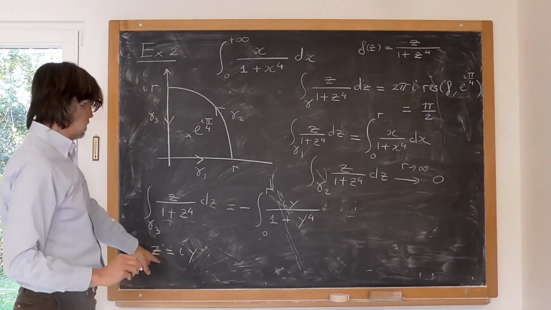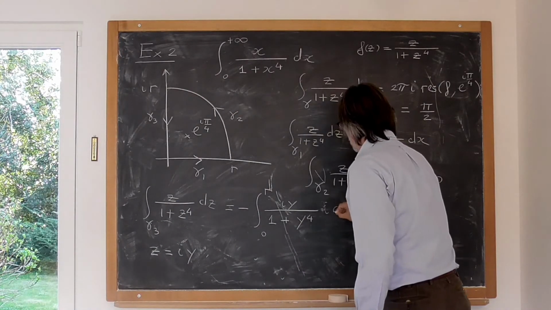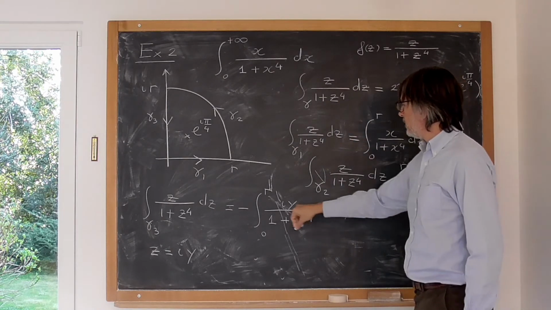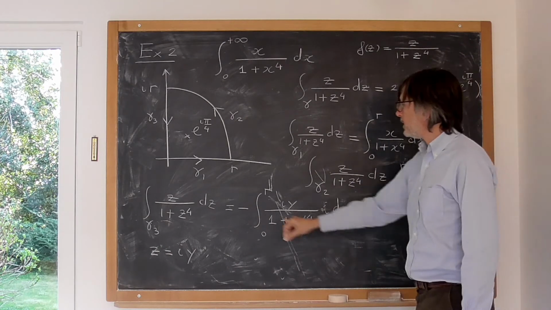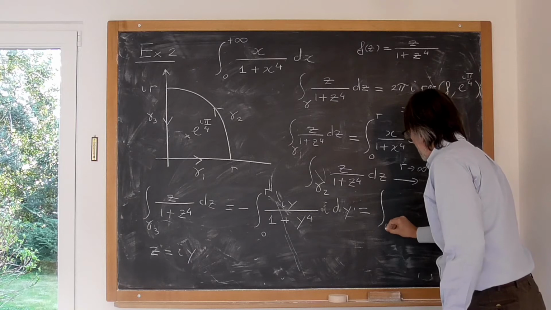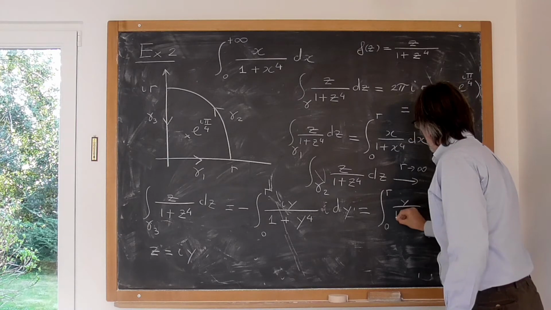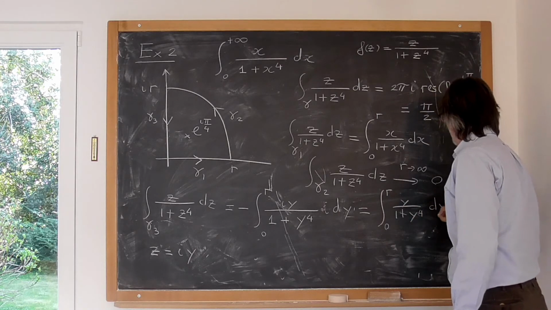And dz is i dy. So this i here and this i here, they multiply and give us minus 1. With a minus, we get plus 1. So this integral is again the integral from 0 to r, y over 1 plus y to the power 4 dy.